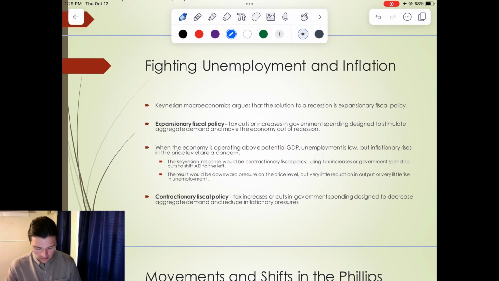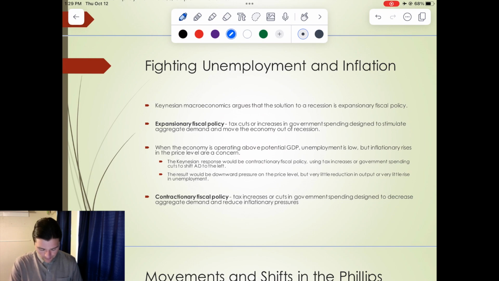So basically, an expansionary fiscal policy is just looking at, hey, if I were to decrease taxes or increase spending, this is going to increase aggregate demand, and because aggregate demand is increasing, we can get back to full employment output. The other option was the contractionary fiscal policy, which talked about decreasing spending or increasing taxes, and that would decrease aggregate demand.